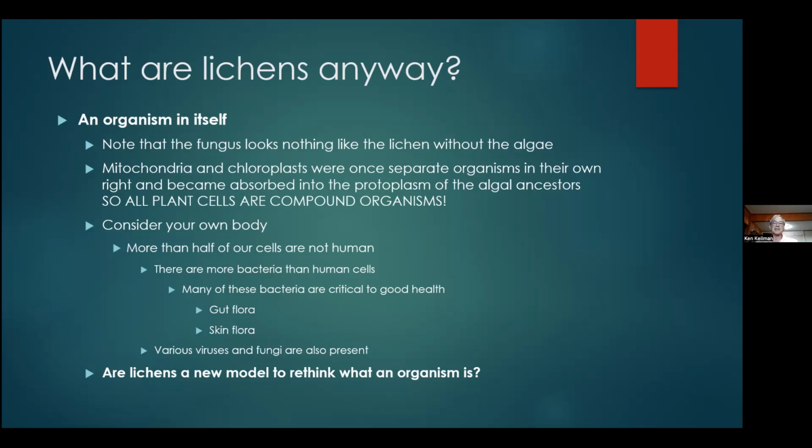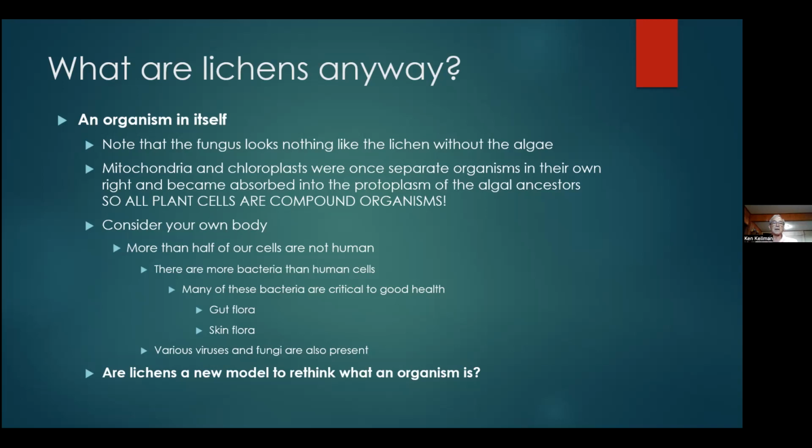Now let's look at the algae for a minute. Every cell of every green plant has bodies inside called mitochondria and chloroplasts. The chloroplasts are where photosynthesis is happening. And the mitochondria is the place where the sugars that the chloroplasts are producing are being used and turned into energy so that the rest of the cell can use that energy.